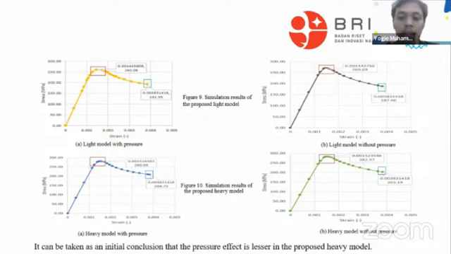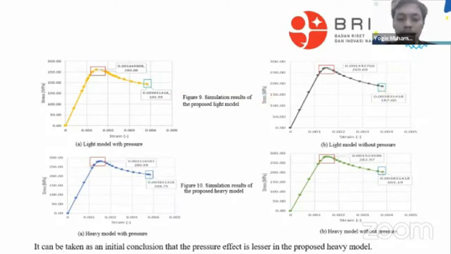The estimation of this difference is not higher than 5% of overall stress. The structural behavior observed in post-ultimate strength was achieved as it got closer to 0.004. For the light model with and without pressure, the stress fell to approximately 190 megapascal.